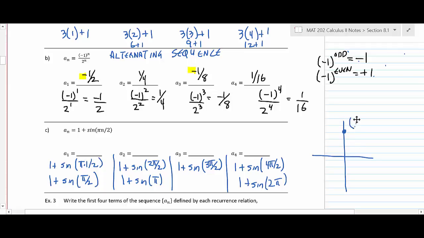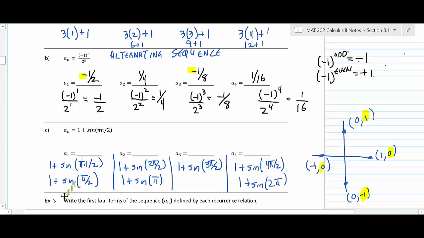At pi over 2, you have (0, 1). At pi, you have (-1, 0). At 3 pi over 2, you've got (0, -1). And at 2 pi, you've got (1, 0). Remember the sine is the y value on the unit circle, so we want to put those together and write out the results.